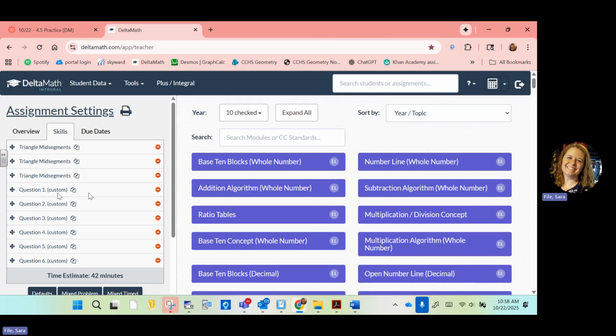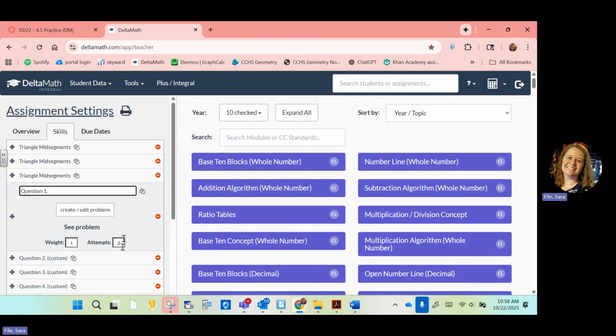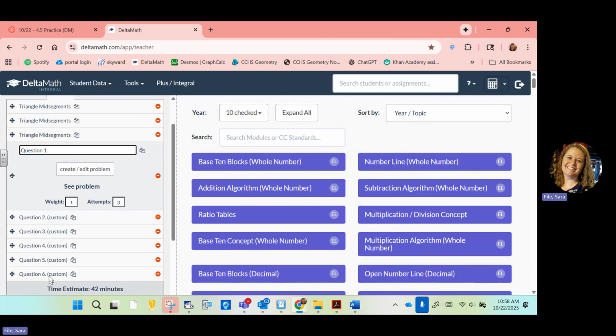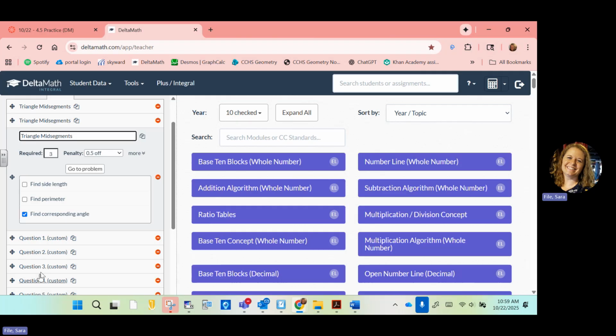I have these set to 3 attempts, meaning it'll tell you, no, that's wrong, try again, and then the 3rd time, it just marks it wrong. Normally, if it was a Delta Math Bank question, it would generate a new problem for you to try and get those points, but you don't get that with the custom questions. So be careful on 1 through 6, because once you get that 3rd attempt wrong, it's staying wrong. You don't get a new problem to get those points back, so you can't get 100 anymore if you get those wrong.